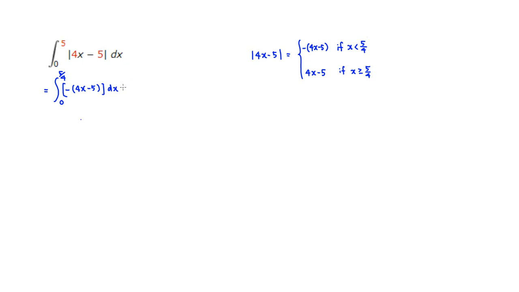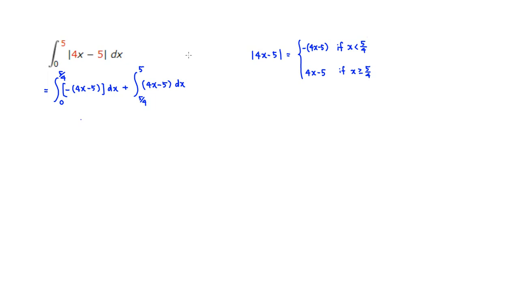Plus, the rest is you're going from 5 over 4 to 5. And here, we don't really need anything. Without the absolute value sign, it'd still be the same thing.